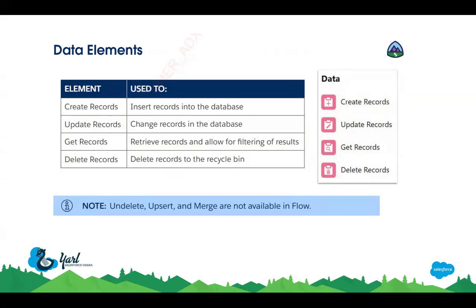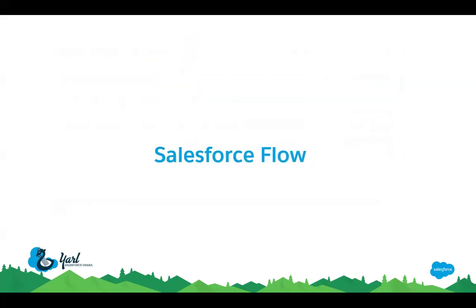Get records is like retrieving the data based on some conditions. For example, let's say you have to get the data based on a condition, then you need to update them. You can use it. Or say you have to get some data and show it in the UI, you can use that. So that is get records. And create, update, delete are the same as we discussed in the previous slide.